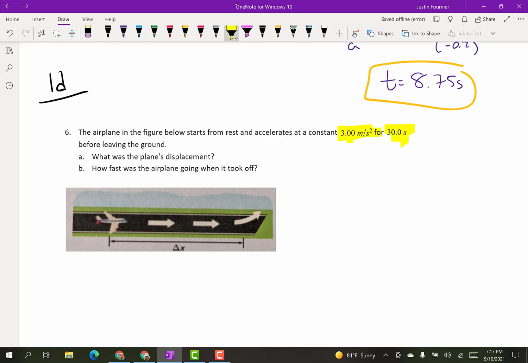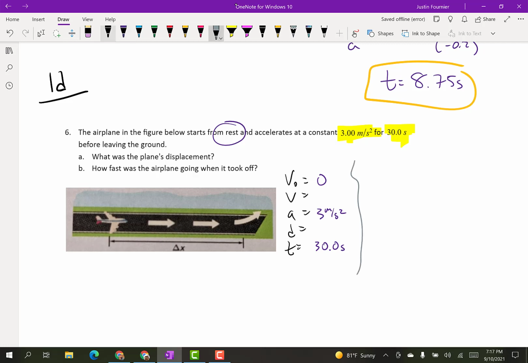What's the plane's displacement? Well, all right, they already give me a diagram, so that's nice. So I'm going to make a VOVAT. I know the plane starts at rest, so that's 0. I know that the acceleration is 3 meters per second squared, and I know this happens for 30 seconds.